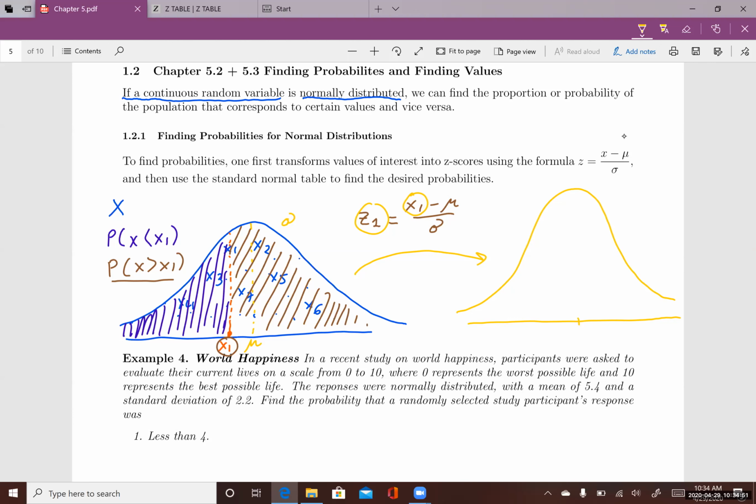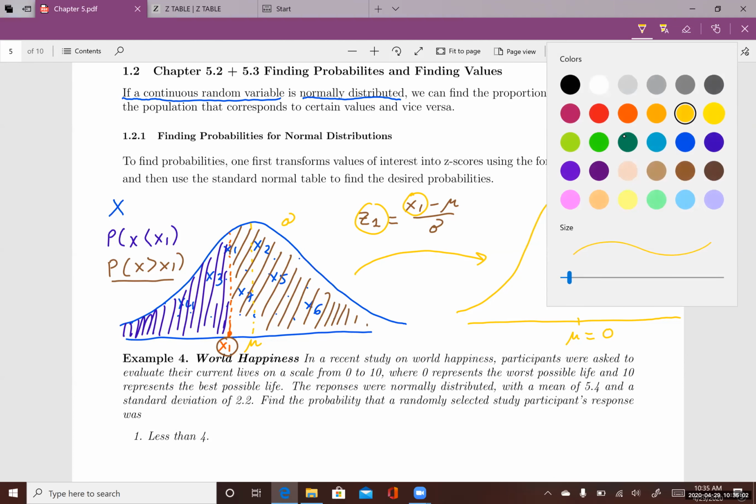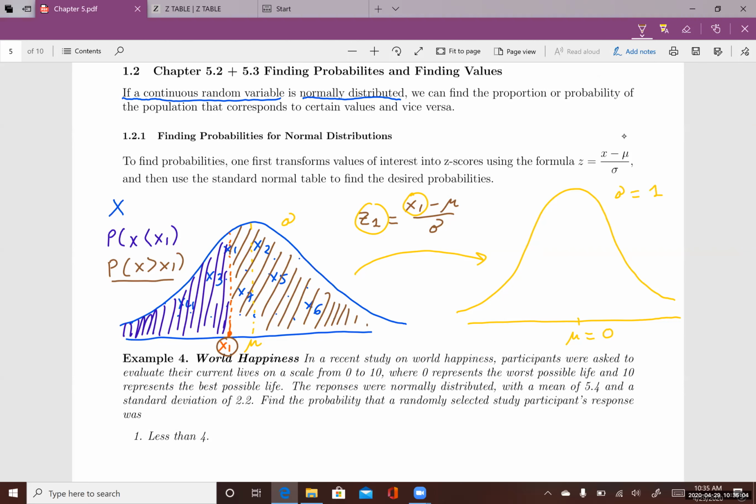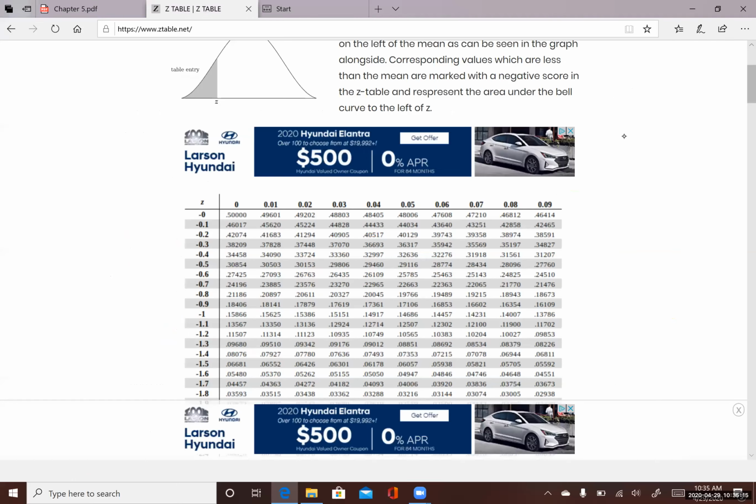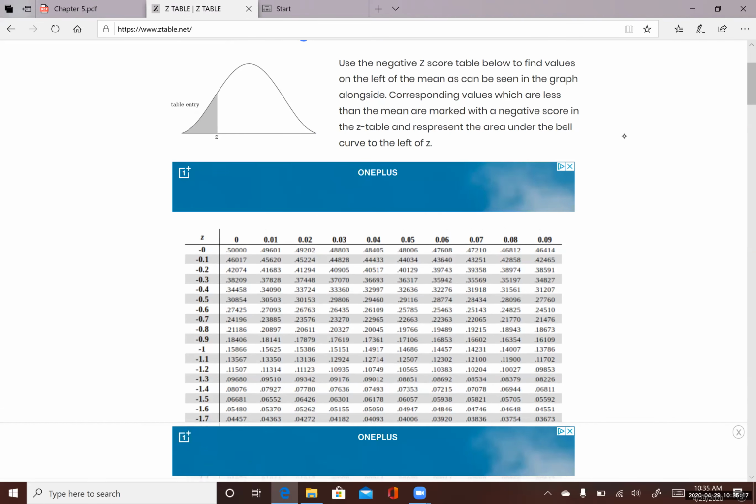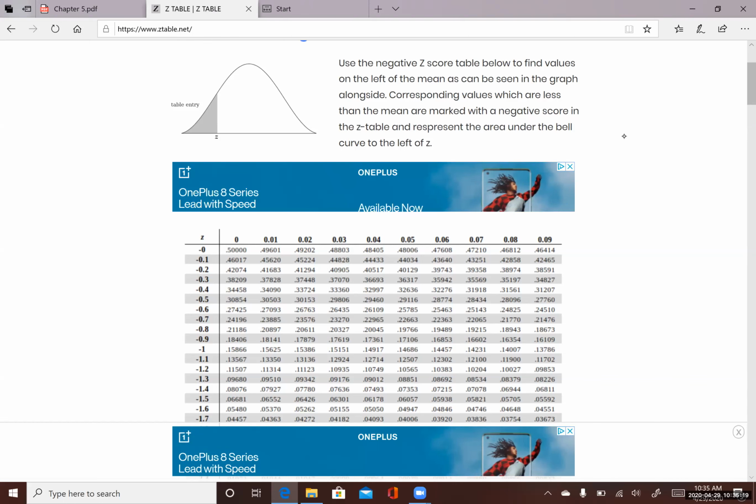In the standard normal distribution, remember, mu is 0 and sigma is 1. And then you found the Z-score, z is 1 here, and you can use the Z table to find the area to the left of the z value that you just found for your x value.